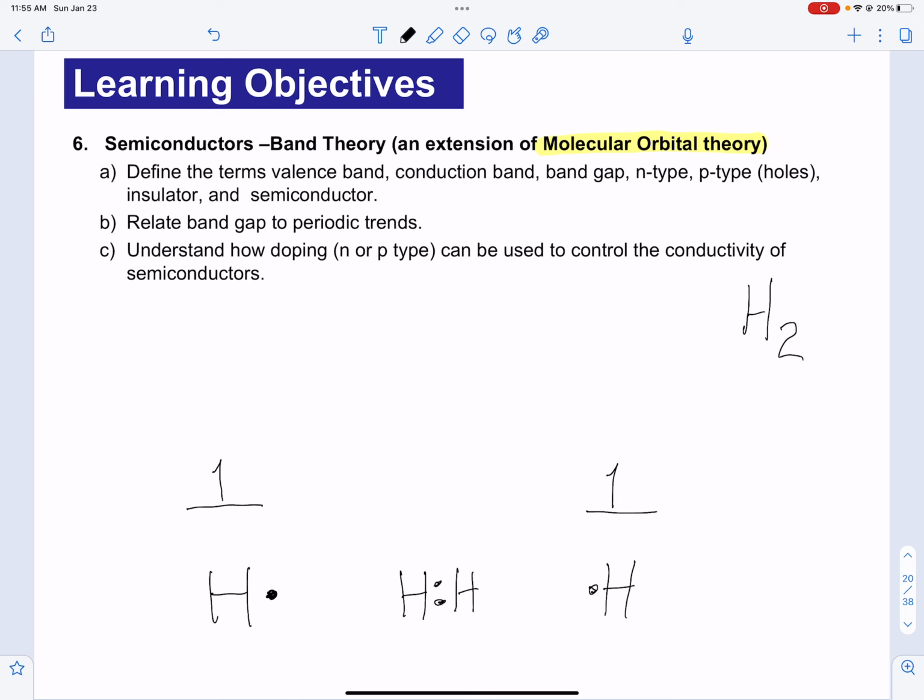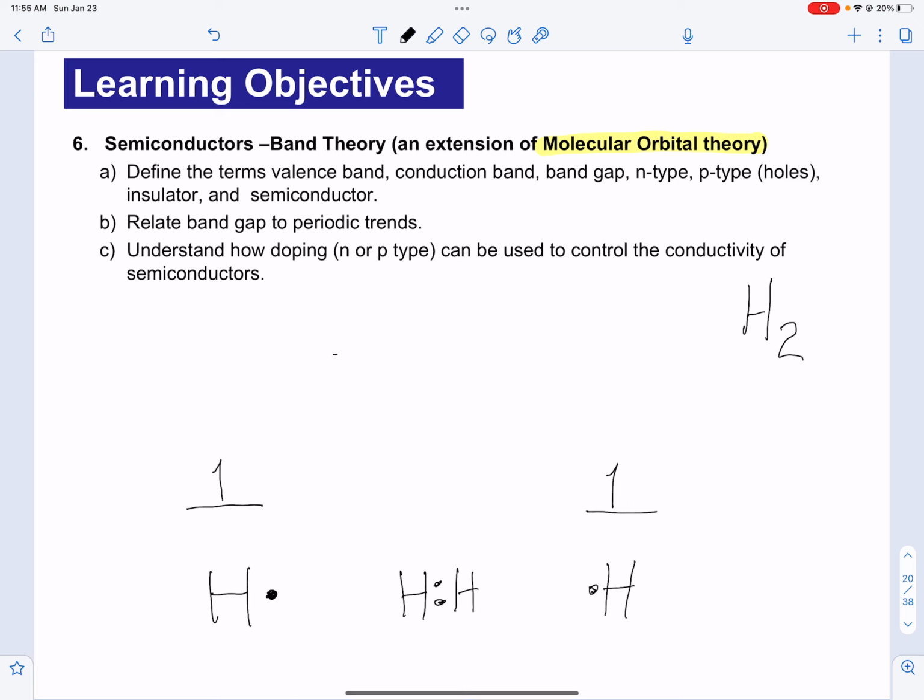Since electrons are so small, we know from chapter 7 in 1411 that the smaller something gets, the more it begins to behave like a wave instead of like a particle. So even though the electron contains mass and is a particle, it is so small, like 10,000 times smaller than a proton, that it behaves more like a wave.